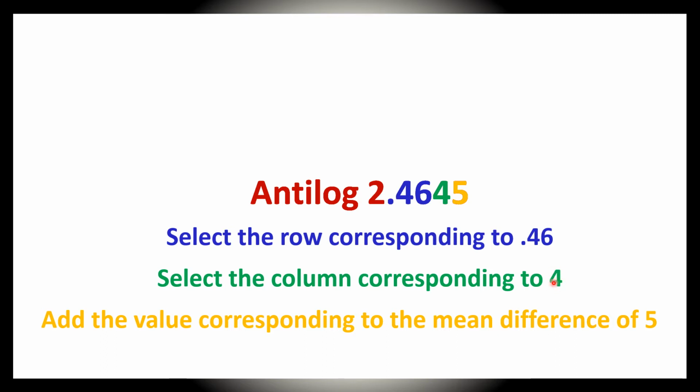Thus, we get the anti-log value from the anti-logarithm table. To this, we put the decimal point based on this number 2. Now, let us check out how it is actually done.